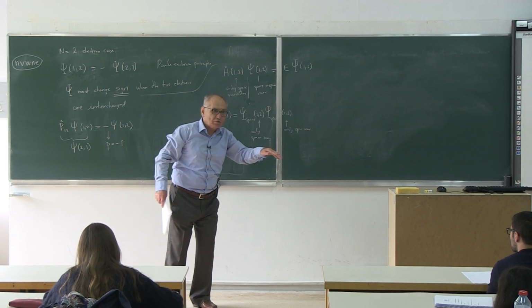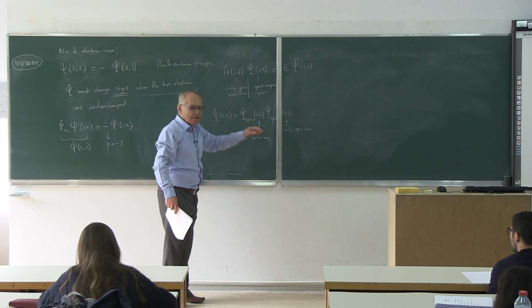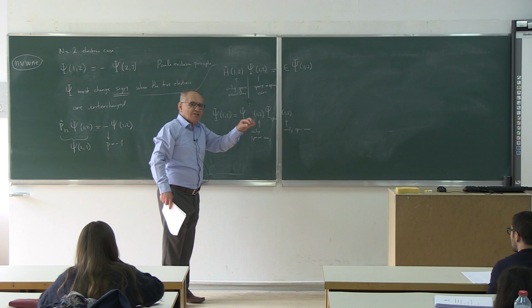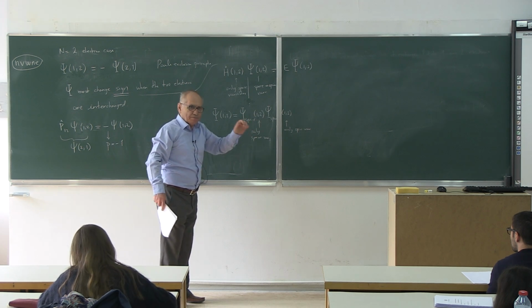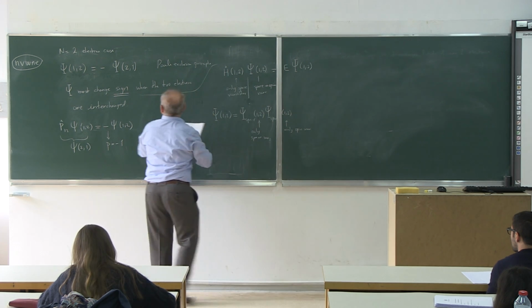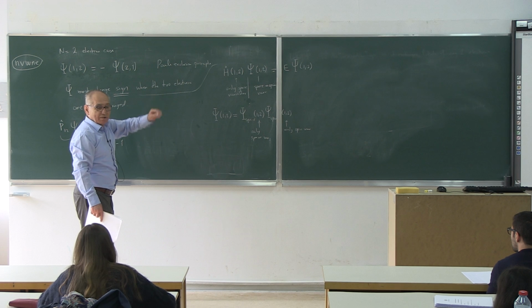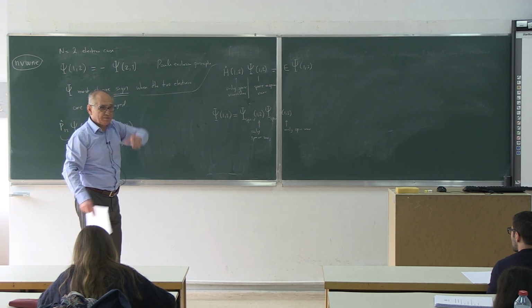Three for the first electron, three for the second electron. So this is a function of 6 variables. And this complete function must satisfy the Pauli principle. It must change sign when all four variables are exchanged.